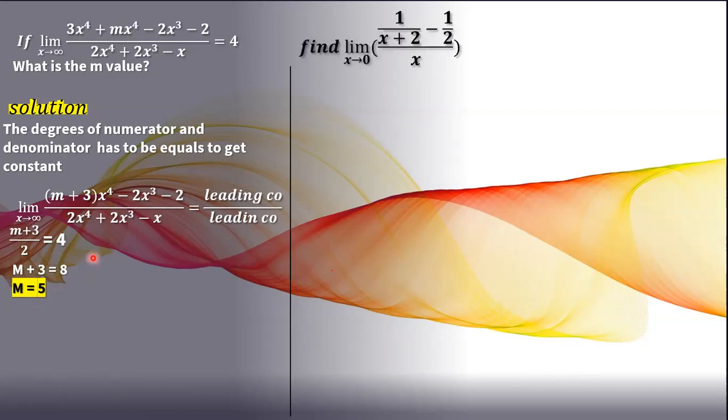Next question. Find the limit of (1 over (x plus 2) minus 1 over 2) over x as x approaches 0. When we substitute directly, we will get 0 over 0. Why? Because 0 plus 2 is 2, so 1 over 2 minus 1 over 2 is 0, and in the denominator 0, so 0 over 0, indeterminate.